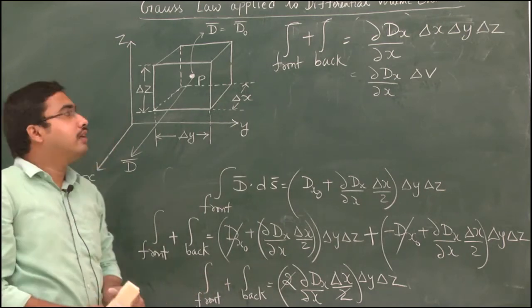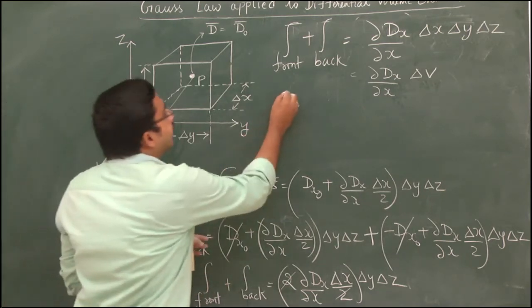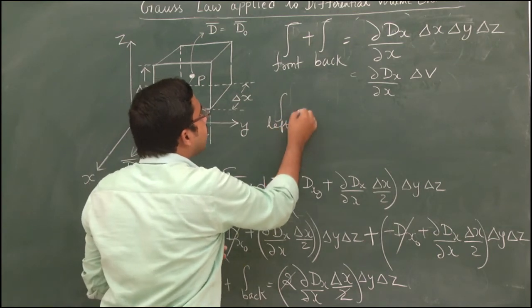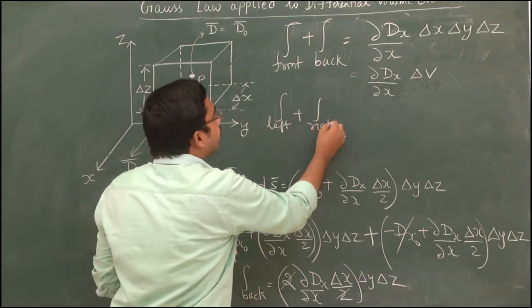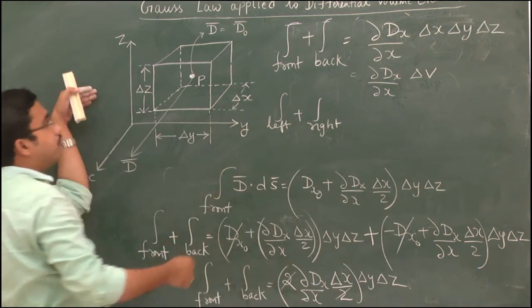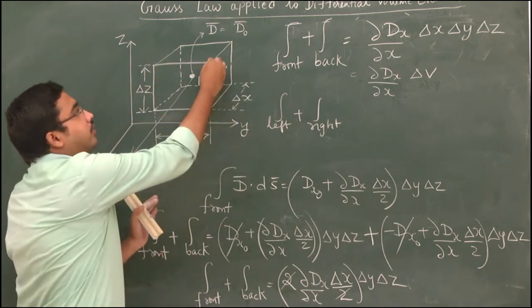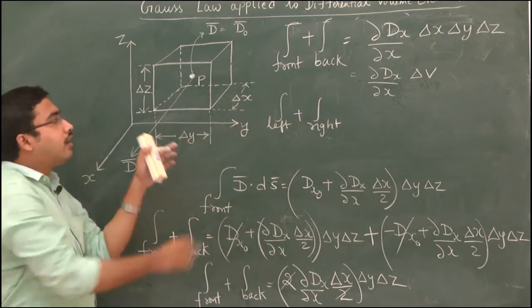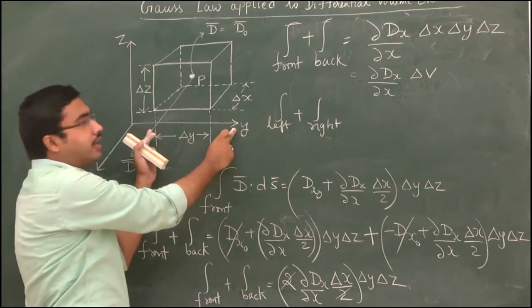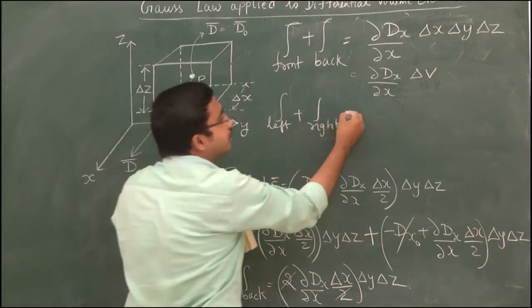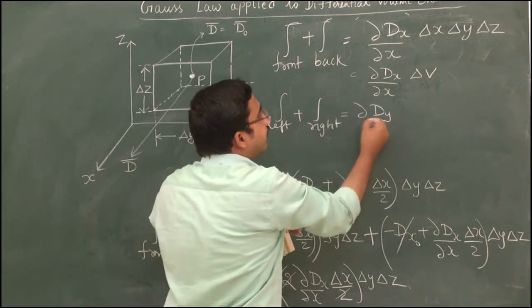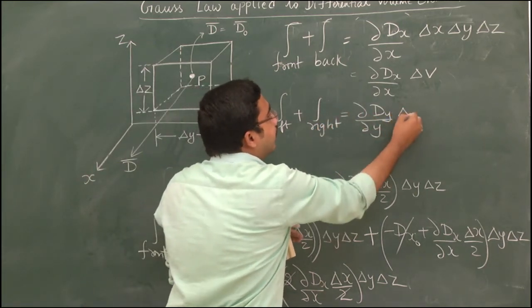Similarly, if you calculate left side integral plus right side integral, left side means from this side, right side means from this side. You can observe this surface. They are on which axis? They are on the y axis. So your final formula will be simply ∂Dy/∂y into Δv.